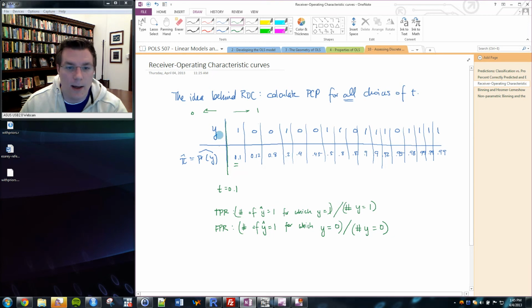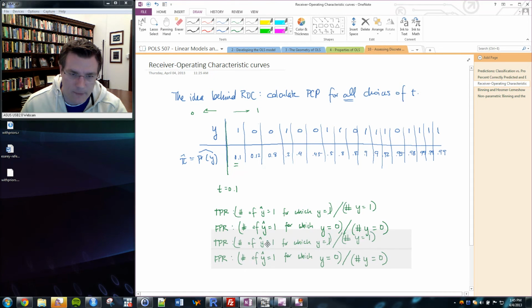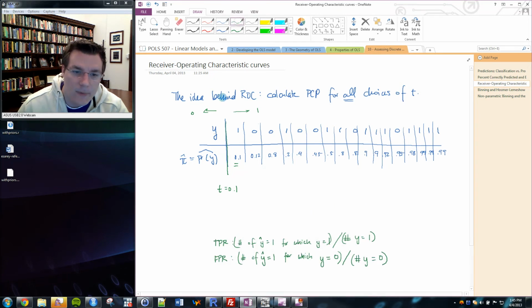For a threshold of 0.01, actually I'm going to need to move this out of the way a little bit. This down here just slightly. The TPR is going to be what? Well, we've classified everything as a positive, so all the positives are correctly classified.